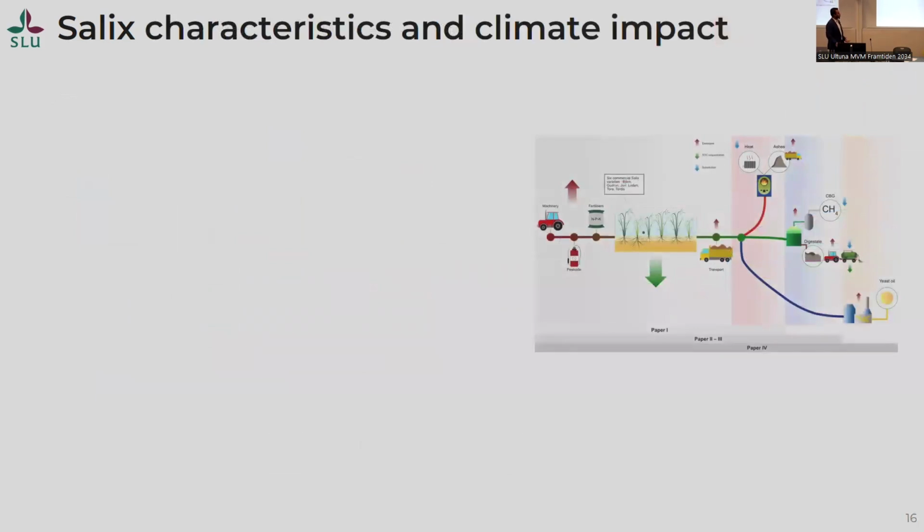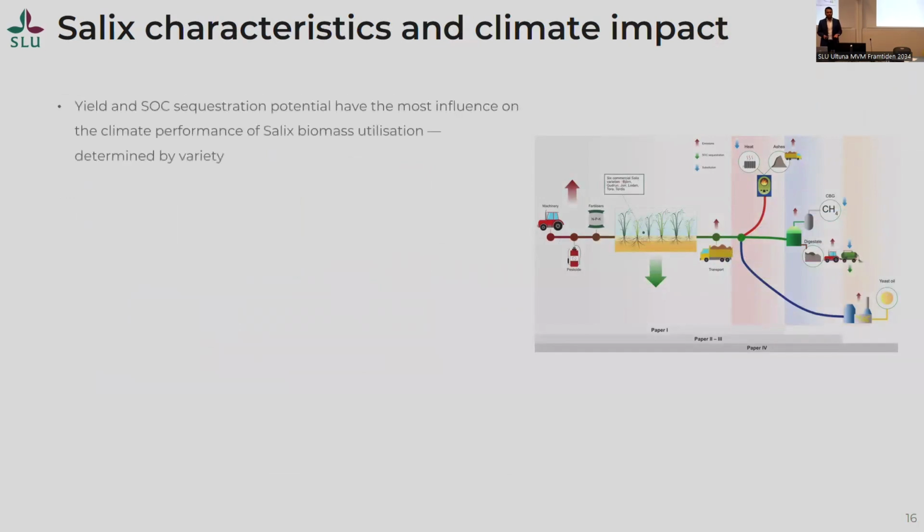Now, if we try to combine what we see across these different conversion routes and the effect of the Salix varieties, we see that the two most important characteristics that determine the climate impact are the yield levels of the biomass of the different varieties and the soil carbon sequestration potential that was calculated based on the field studies. But these two are dependent on the type of variety that we use. So if we include more different varieties, the effect will be really different between them.